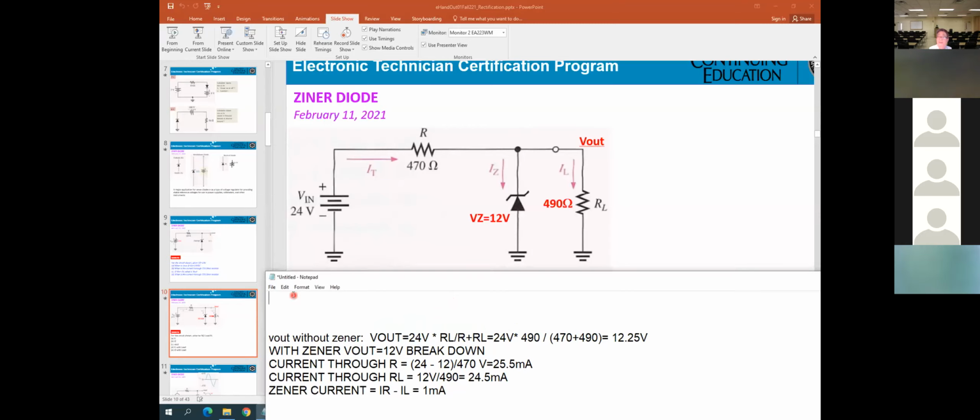Now, I've given you this here. Okay, given VZ equals 10 volt, and I have to do the same thing.